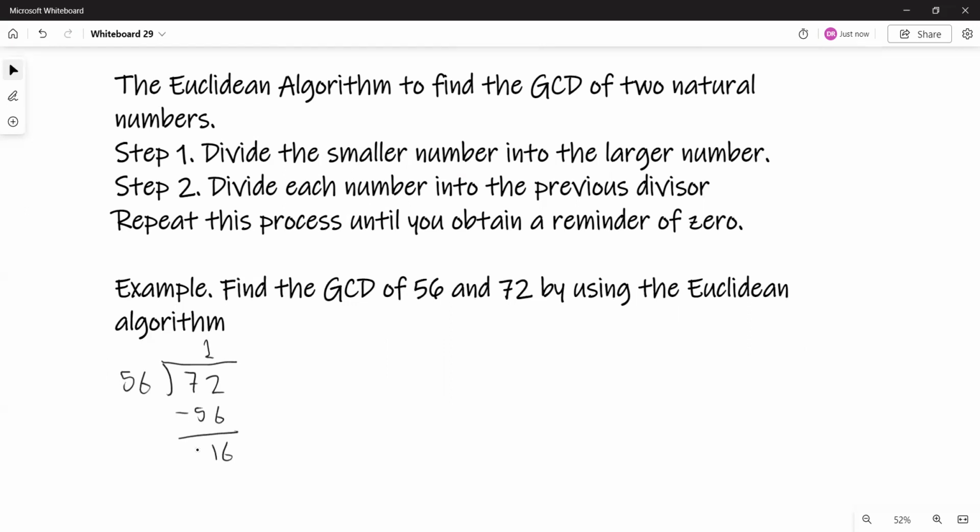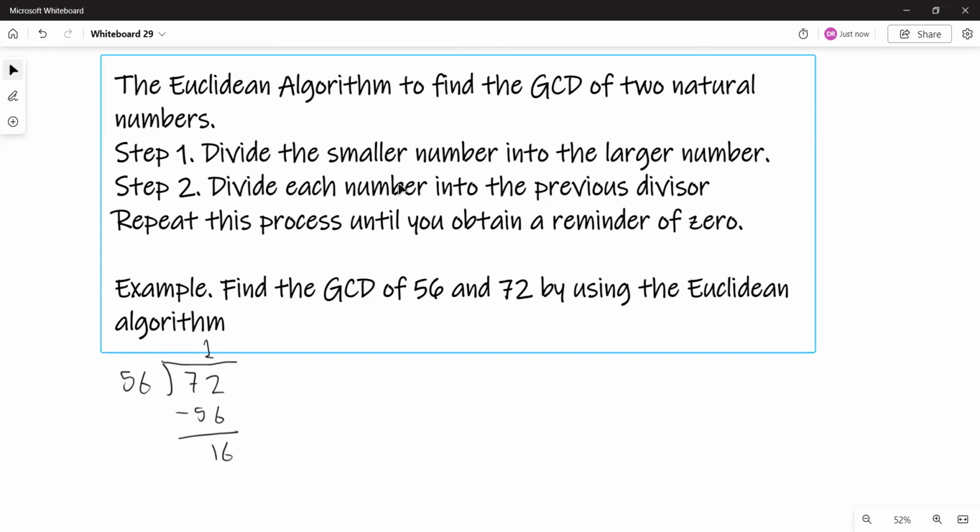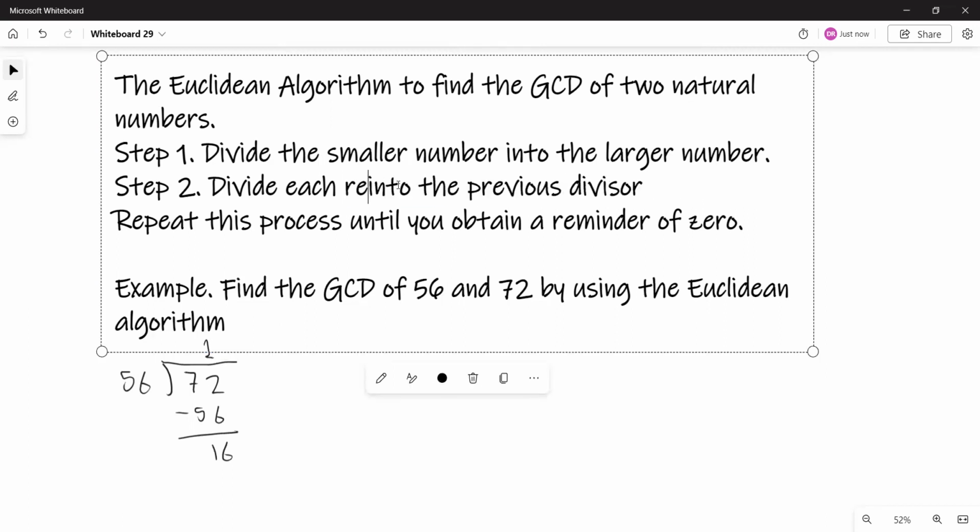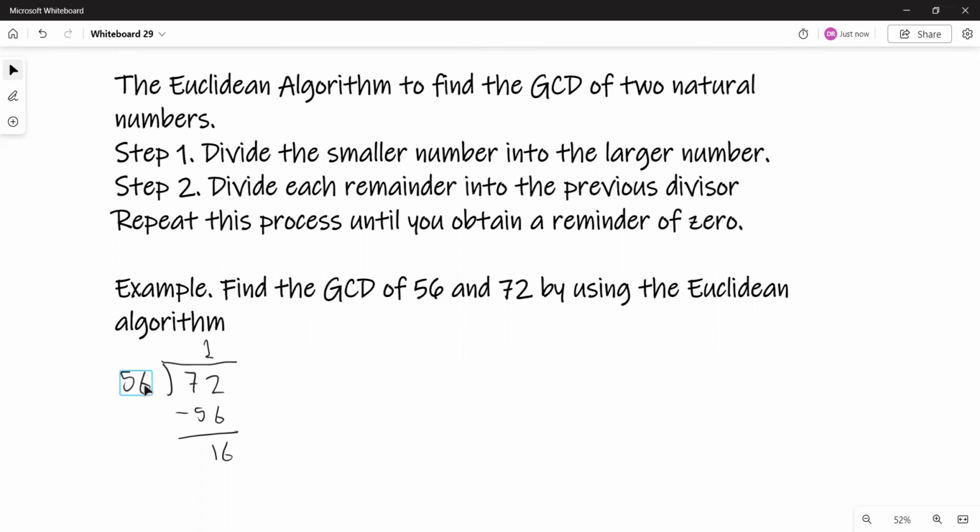So step number two, divide each remainder into the previous divisor, and repeat this process until we obtain a remainder of 0. So next we're going to divide 56 by 16. Okay, so the remainder is still not 0. Next, we continue the process until we obtain a remainder of 0.